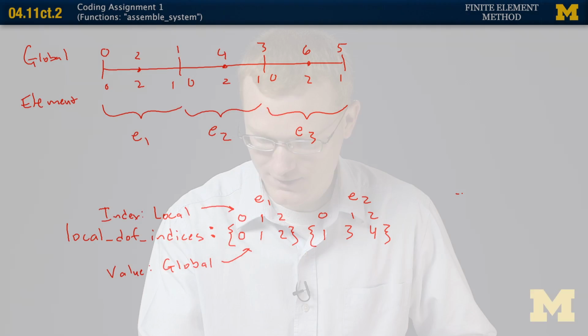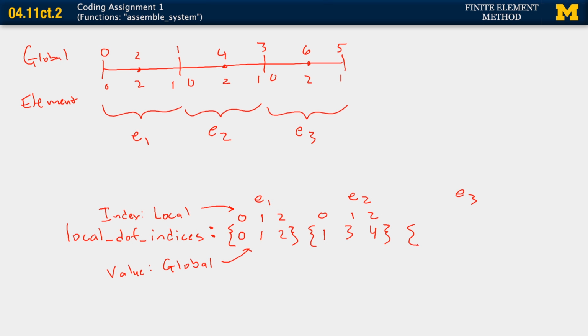It will populate this local DOF indices vector. But I just want you to understand exactly what's going on here. So for element 3, now we look at local node 0 here, corresponds to global node 3. Local node 1 is global node 5. Local node 2 is global node 6.